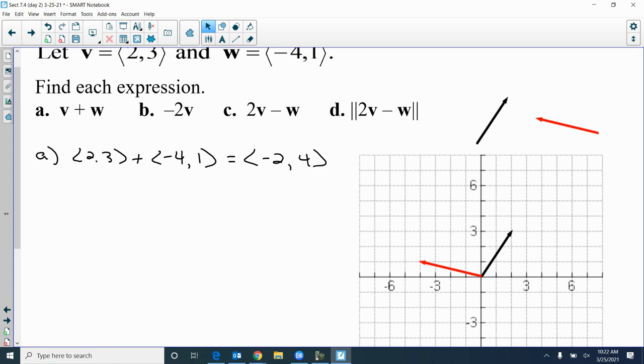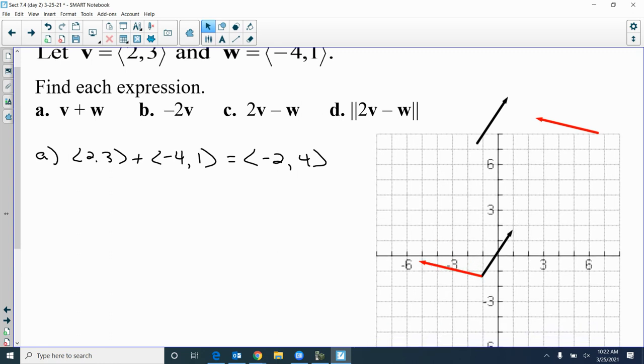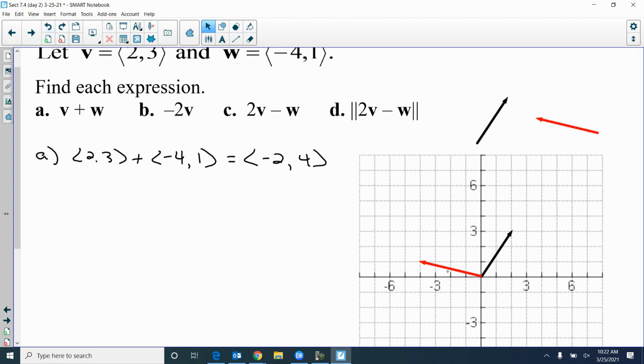I'm going to do like we did yesterday. I'm going to move that here. And now my sum has to be from my initial point to the terminal point. Well, you clearly can see it's negative 2, 4. Obviously, if you do it geometrically, you get a better visual picture. Algebraically, you're going to arrive at the same place.